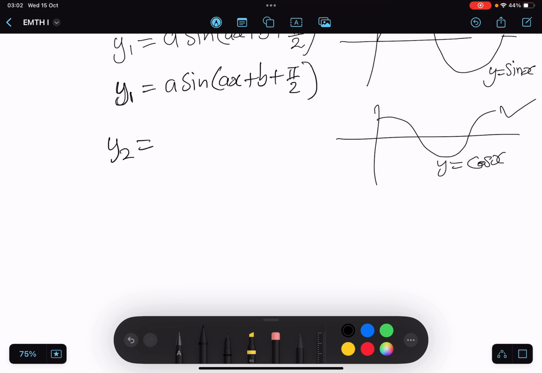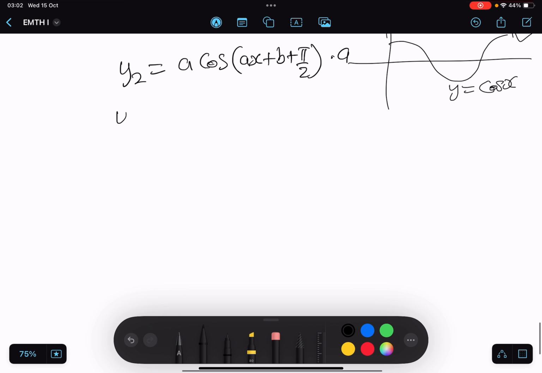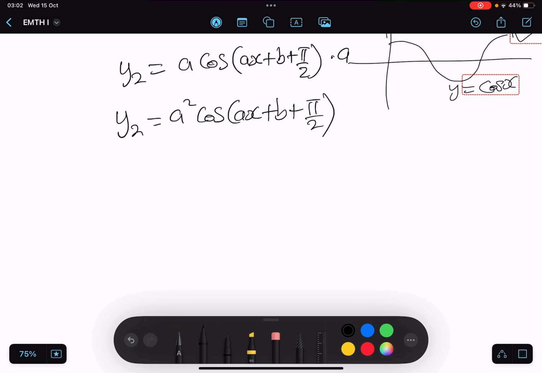If we differentiate this, we're going to get a cos ax plus b plus pi over 2. Differentiate what is inside, you're going to get a, right? Which means y2 is equal to a squared cos ax plus b plus pi over 2, right?